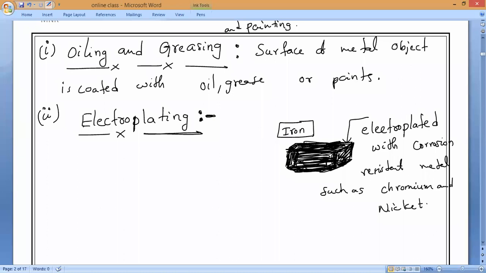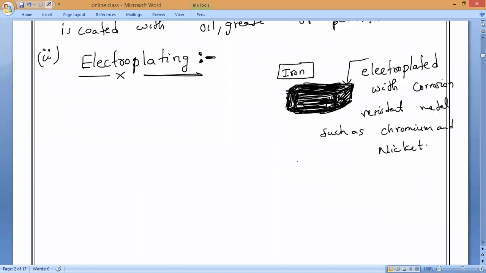In electroplating, the metals we use are highly corrosion resistant metals, chromium and nickel. So this is the second preventive method of rusting.